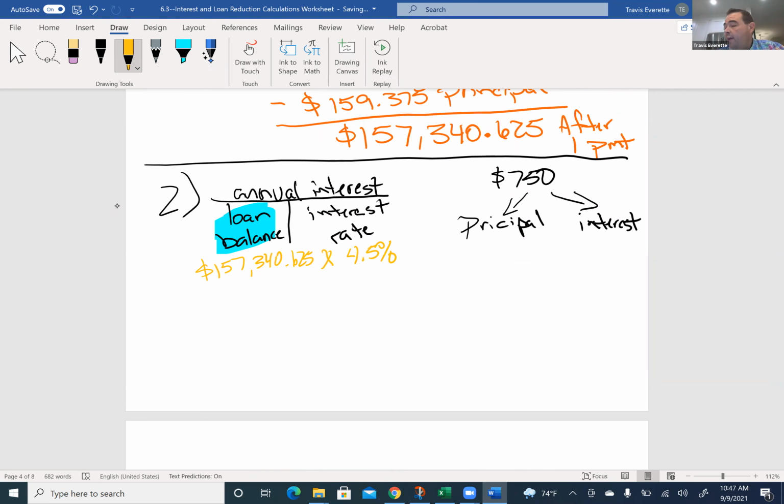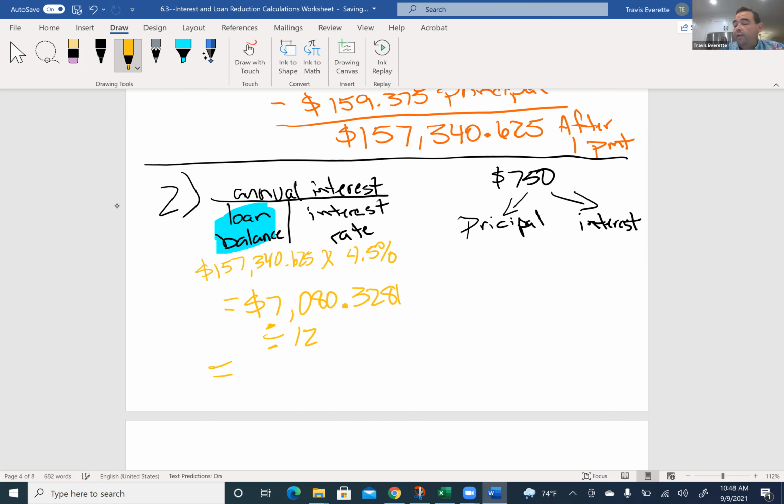And when I do the math on that, that equals $7,080 and about 32 or 33 cents annually. But I need to break that down into monthly by dividing it by 12.